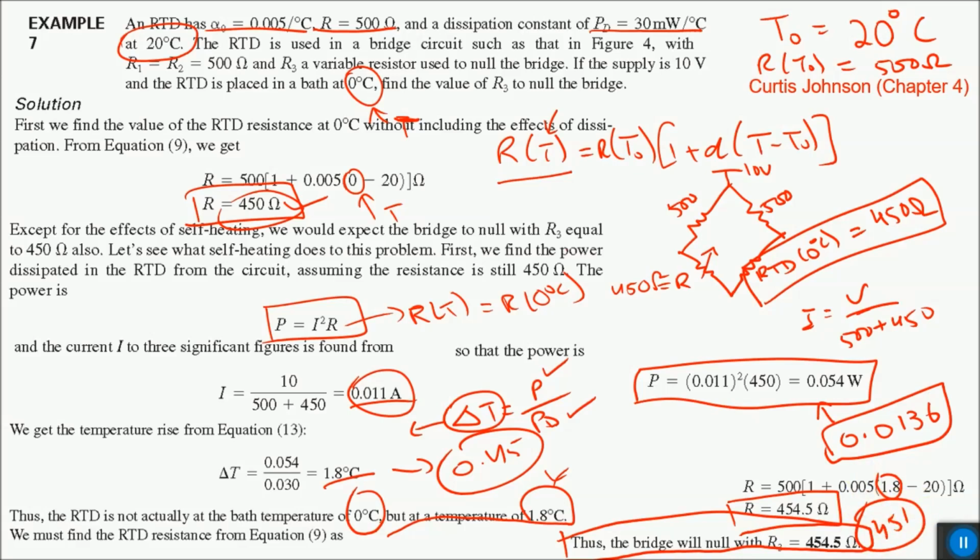So the error is considerably reduced if we just choose a power supply of 5 volts instead of 10 volts. So we minimize the current and we reduce the error considerably.